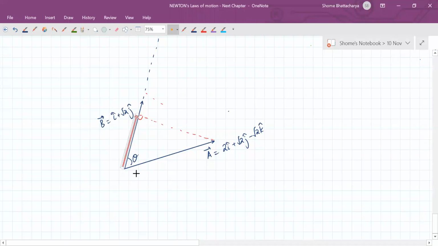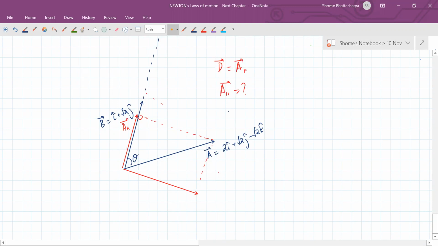So this is the perpendicular component, this is the parallel component. So this is what we have to find here actually. We don't even have to find the perpendicular component. This is what we have to find because this is what our vector D is.